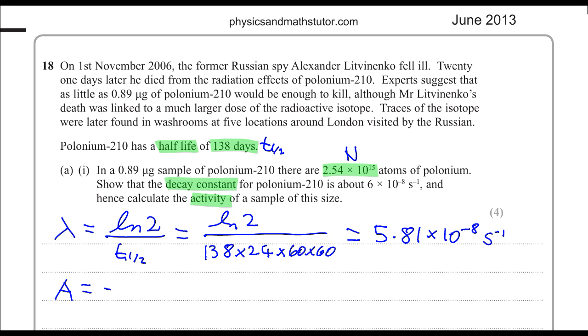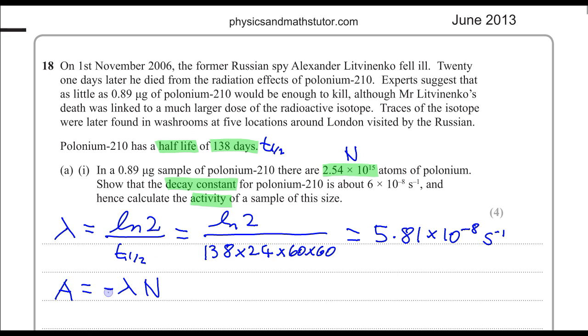Writing the equation, it's minus lambda n. So this equation tells that the activity is proportional to the number of atoms present. If you have more atoms there, the activity, which is how many decays there are in 1 second, will be higher. And the constant of proportionality is lambda.